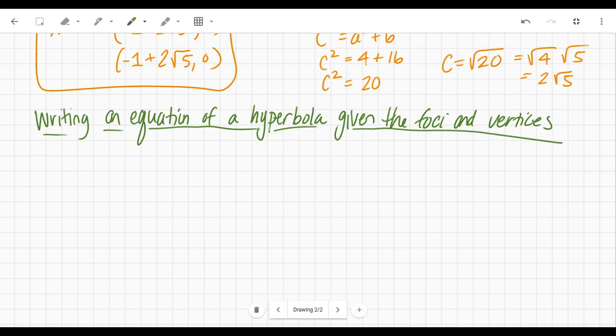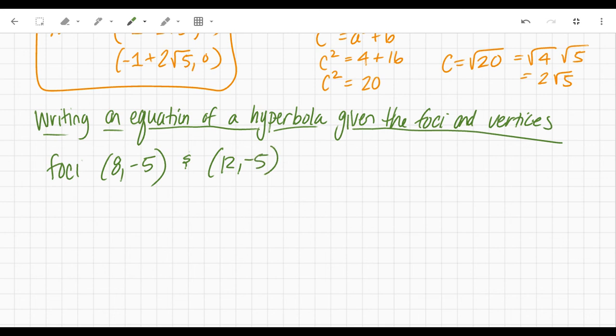Okay, so we have the foci at 8, -5, and 12, -5. We have the vertices at 9, -5, and 11, -5.